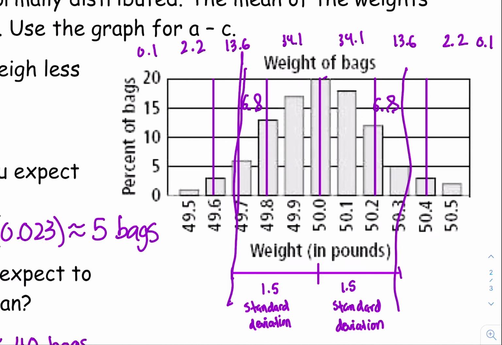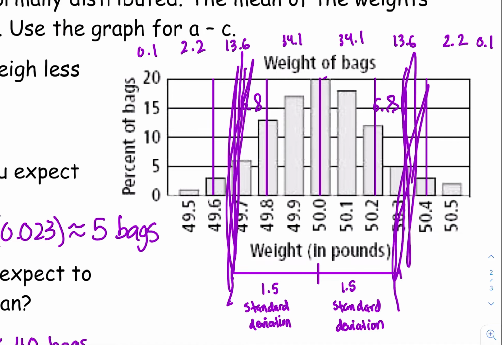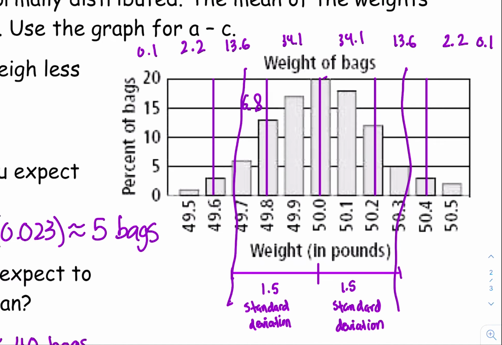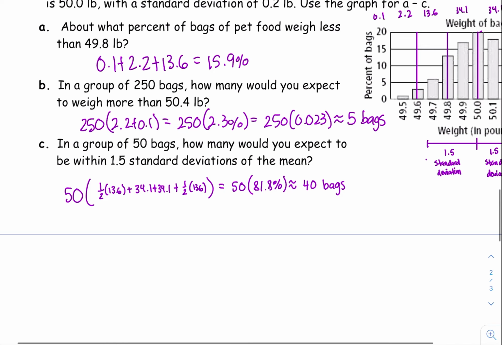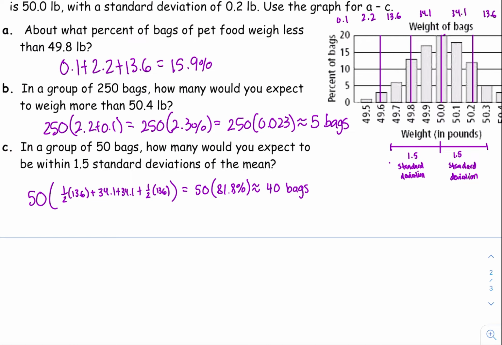So that means it's from here to here, which is these percentages added up together. So it is the total times half of 13.6, plus the 34.1s plus half of 13.6, which adds up, you guys, to be 81.8%, which is 0.818 times 250, which is going to be around 204 bags.